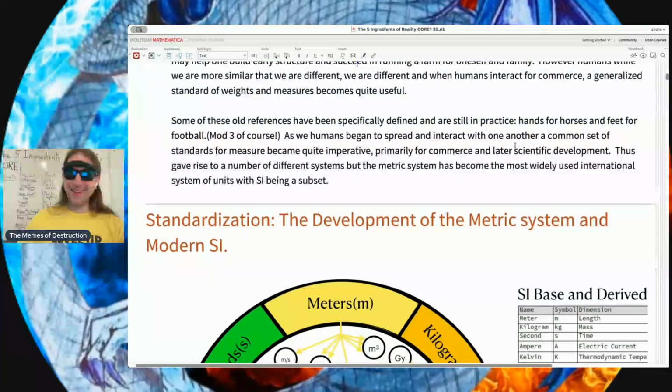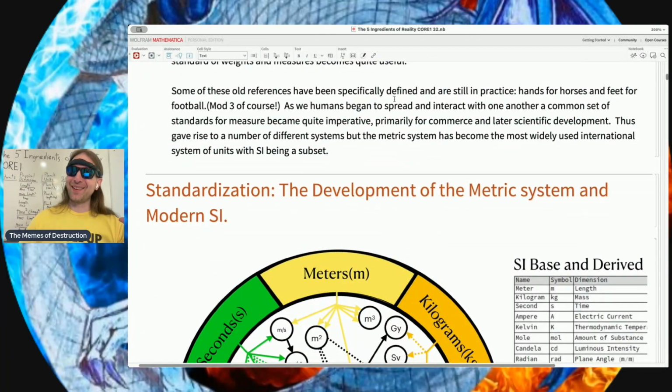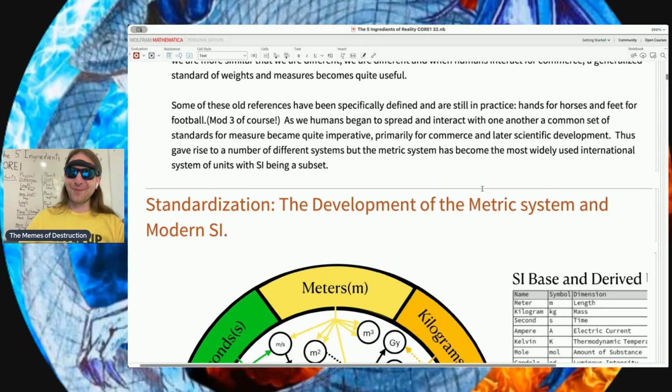So, yes, and then we have some of the old references as well, such as hands for horses, feet for football, and of course, yards. But as human beings continue to spread, interact, barter, and trade, we need a common set of standards and measures. So we developed the metric system, and eventually SI became a subset of that.